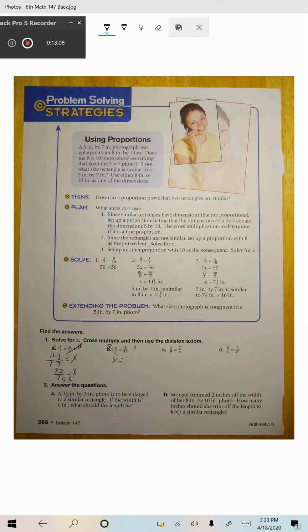This side is 35 over 13. How many 13s can I get out of 35? Well, 2 of them would be 26. 3 of them would be 39, which is too much. So we can do 2 of them. 35 minus 26 is 9 over 13.